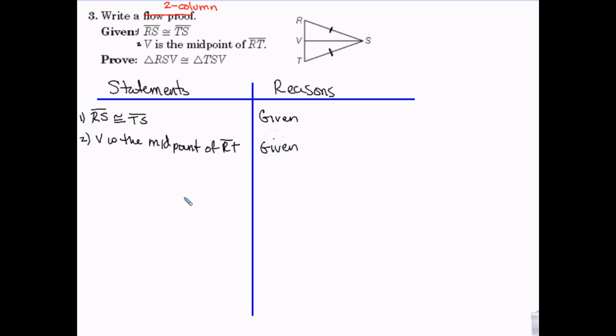That tells me what? It's in the middle, so that means RV and VT will be the same length. So that's the definition of midpoint. And at this point, I have 2 sides. I need 3.